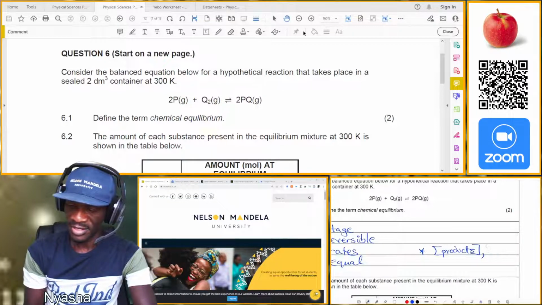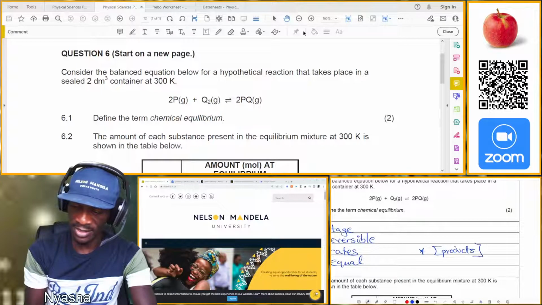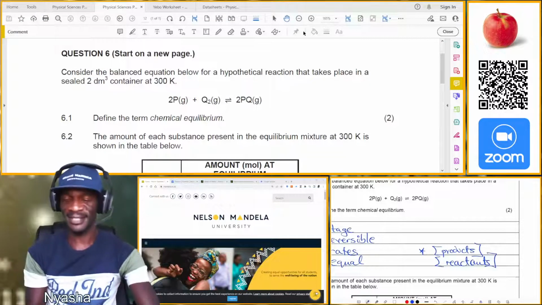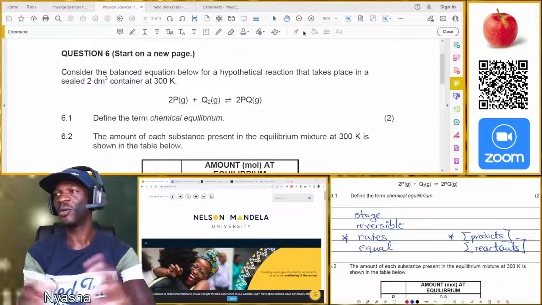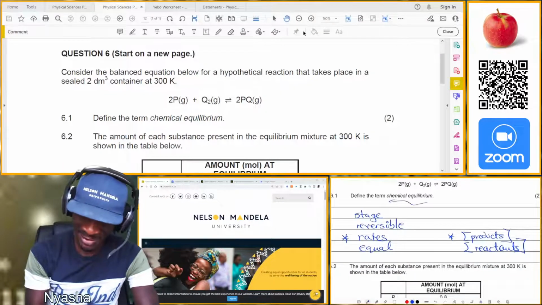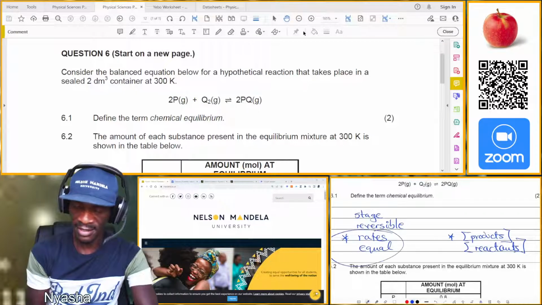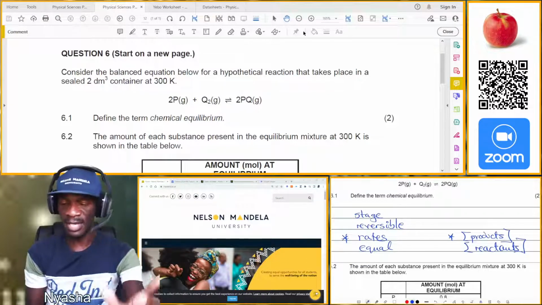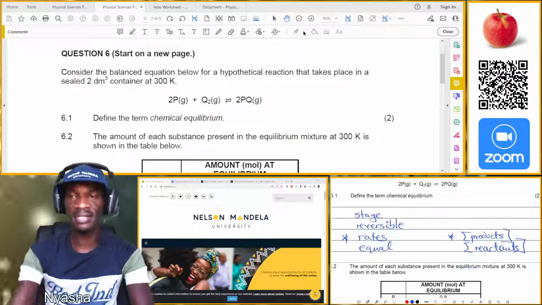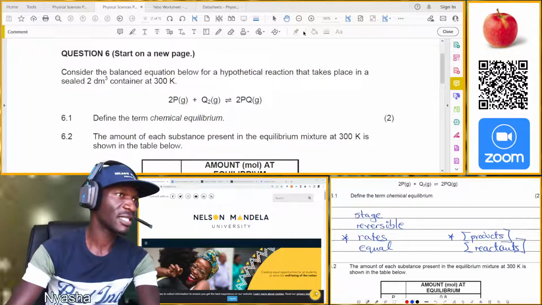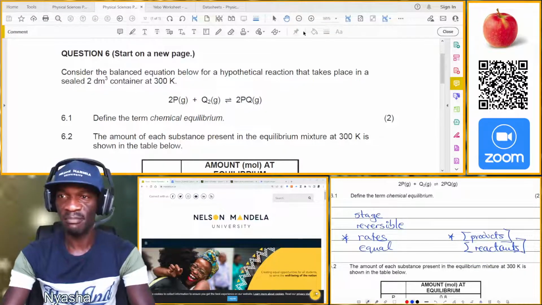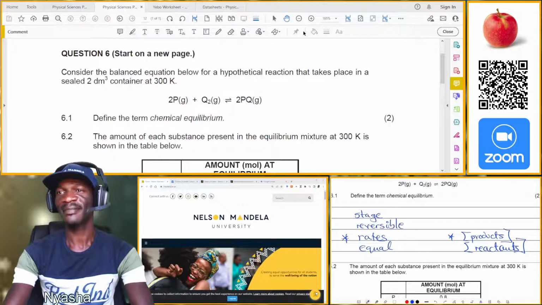Let me just write it below here: the concentrations of the products and the concentrations of the reactants no longer change at chemical equilibrium. So it's either the rates of the chemical reactions are now equal, or the concentrations of the products and reactants remain constant.